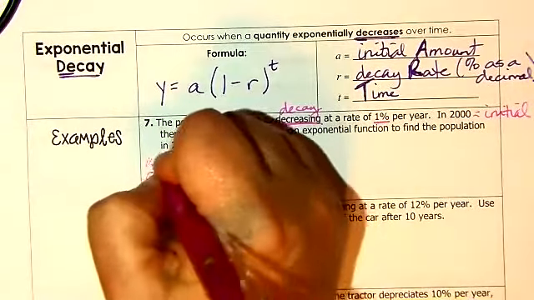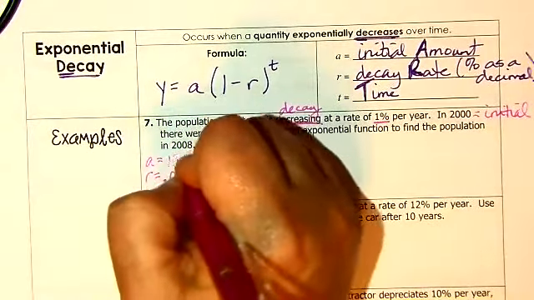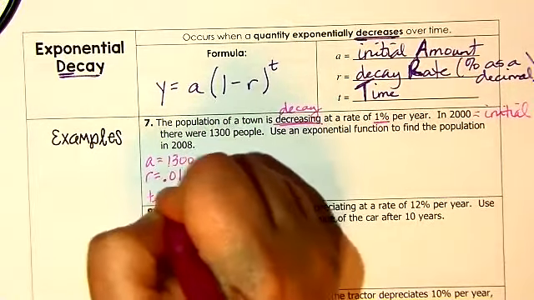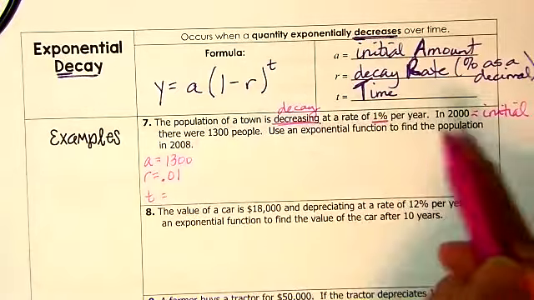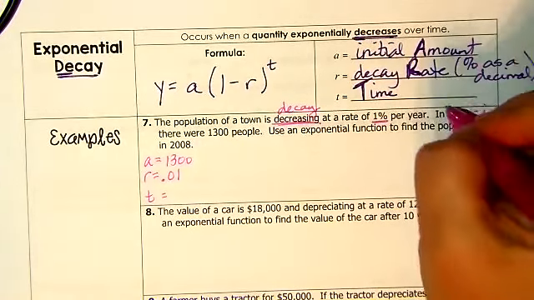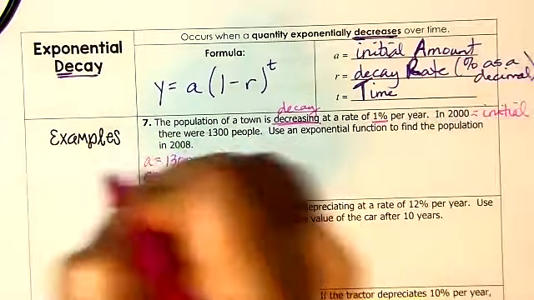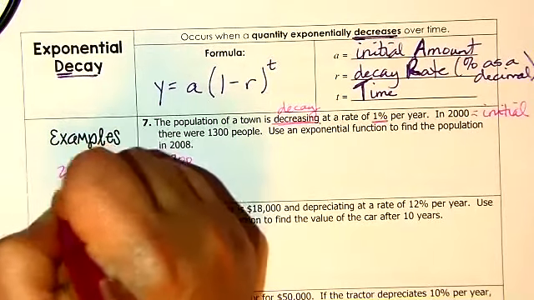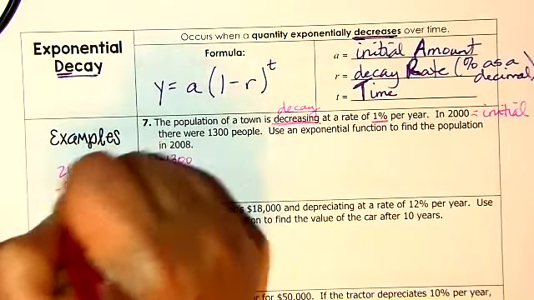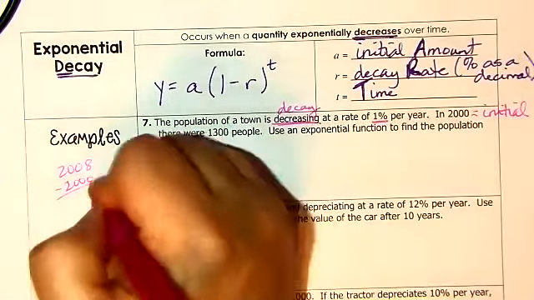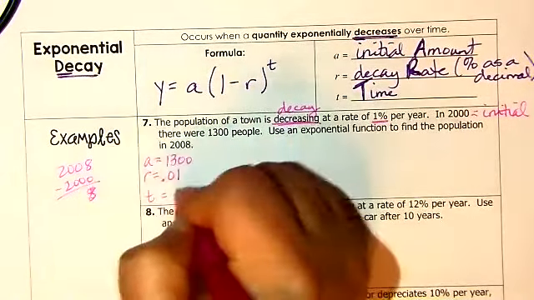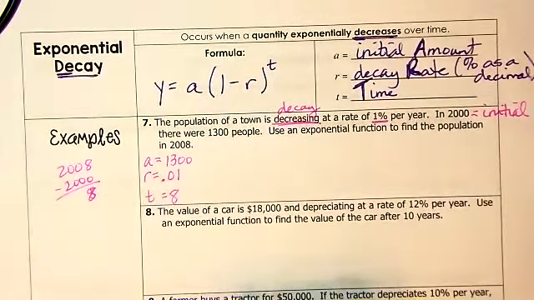So A is 1,300. T, well, I got to figure out how many years it is from 2008 to 2000. So that means I'm going to subtract those. I'm going to do 2008 minus 2000, which gives me 8. And I know that you can do that in your head. I just want to make sure that you understand what you are doing to get to the number 8.